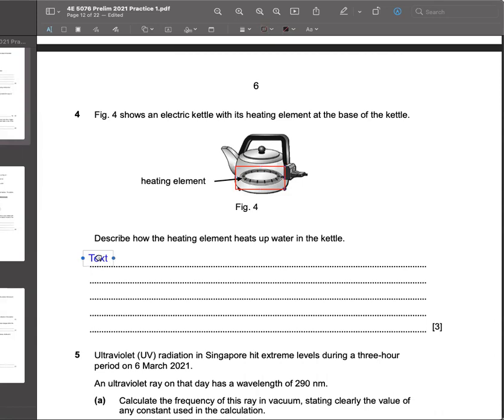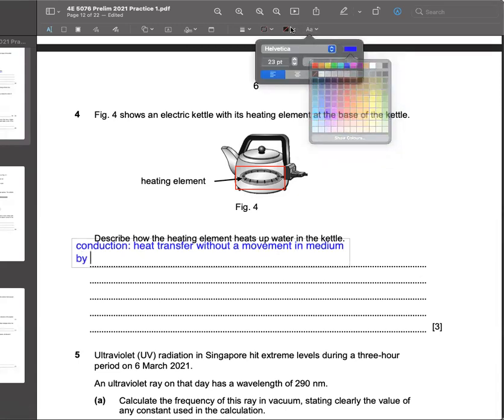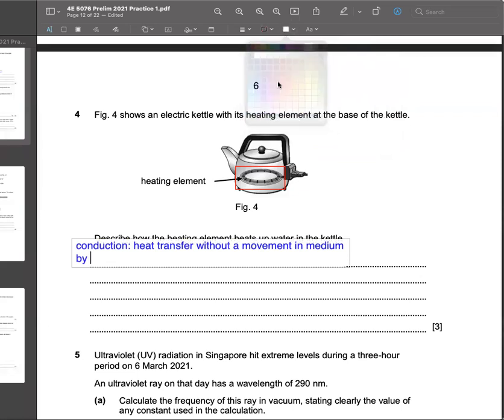Okay. So let's define first. Everyone, let's define what is conduction? Heat transfer by contact? Heat transfer without movement in the medium.